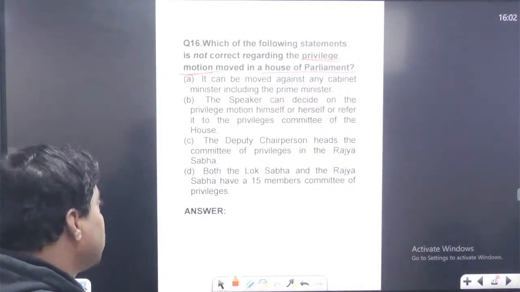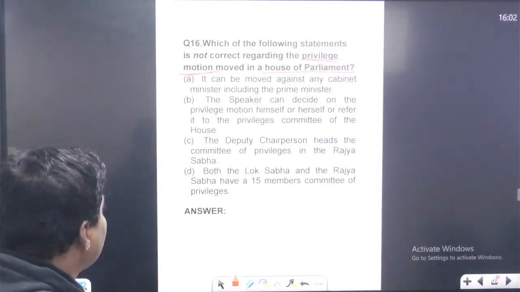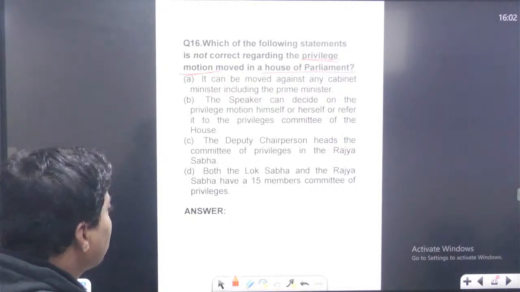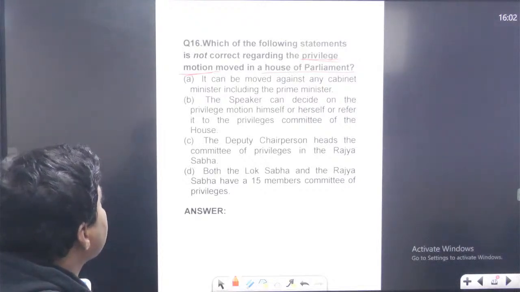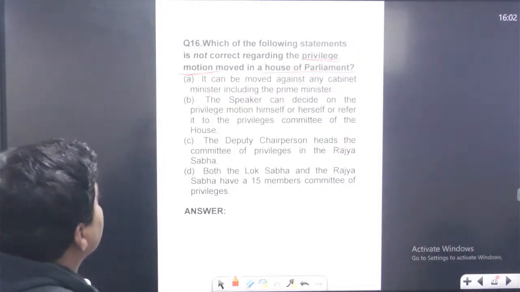The Deputy Chairperson heads the committee of privilege in the Rajya Sabha. Both the Lok Sabha and Rajya Sabha have members in the privilege committee.